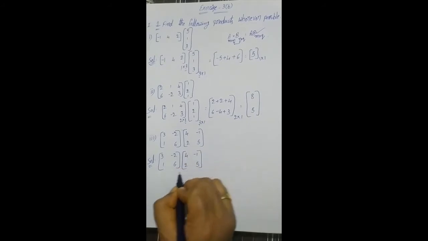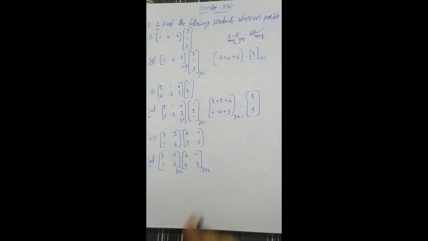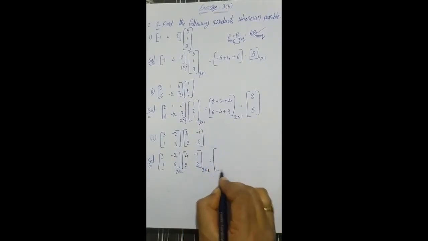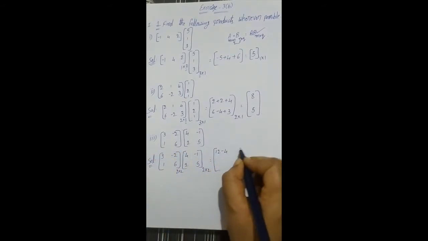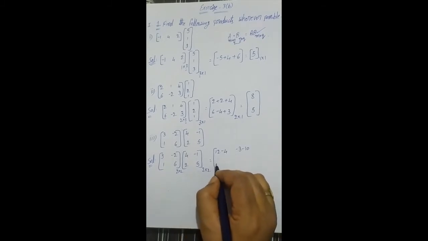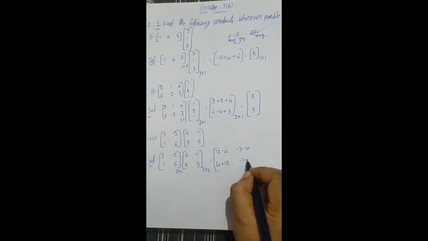The orders are 2 by 2 and 2 by 2, then the product is possible. 12 minus 4, minus 3 minus 10, 4 plus 12, minus 1 plus 30.